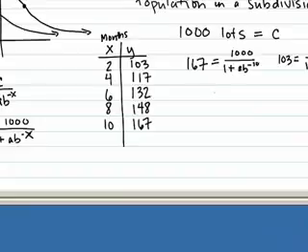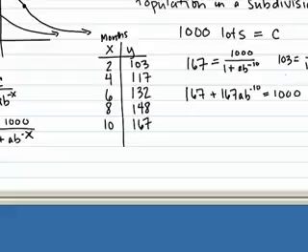To get rid of the fractions, we're going to multiply both sides by the denominator. So we'll get 167 plus 167 ab to the negative 10 equals 1,000. And for the other one, we'll have 103 plus 103 ab to the negative 2 equals 1,000.